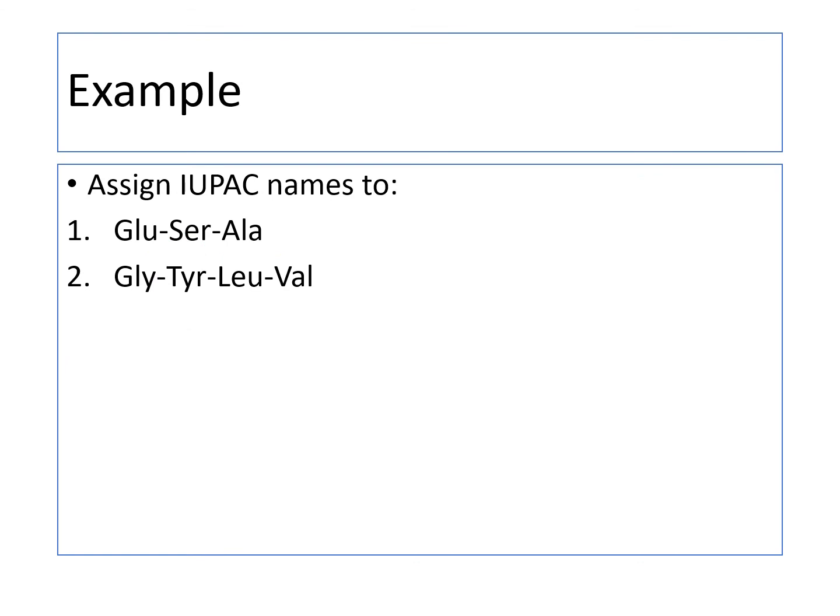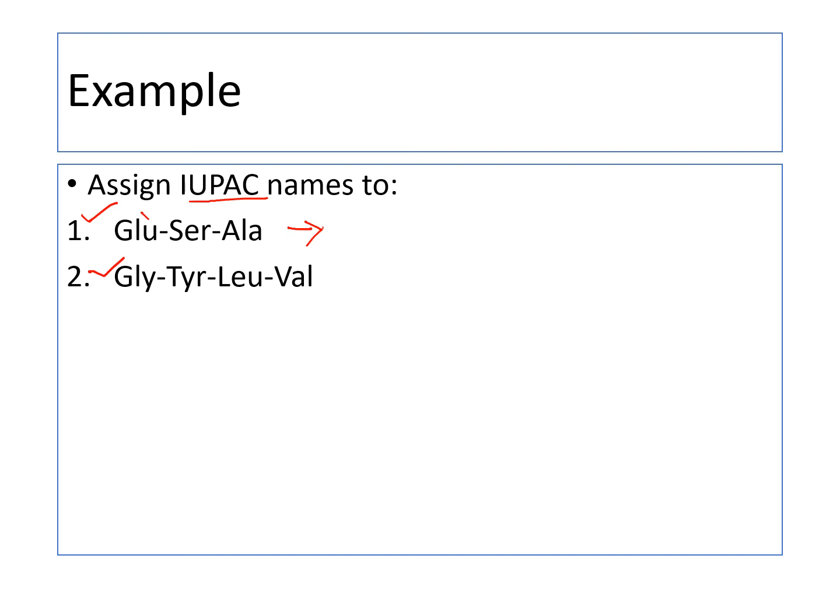Now let's have an example. We will assign IUPAC names to these two amino acid sequences, or two peptides. For the first one, let's first identify what specific type of peptide we have. To identify that, let's count how many amino acids there are in the sequence.